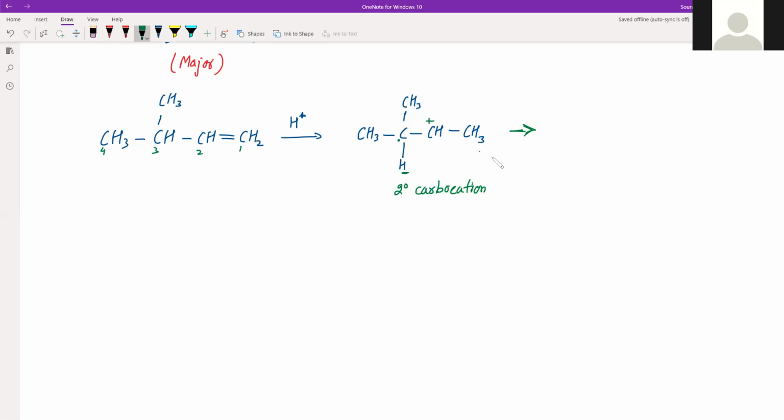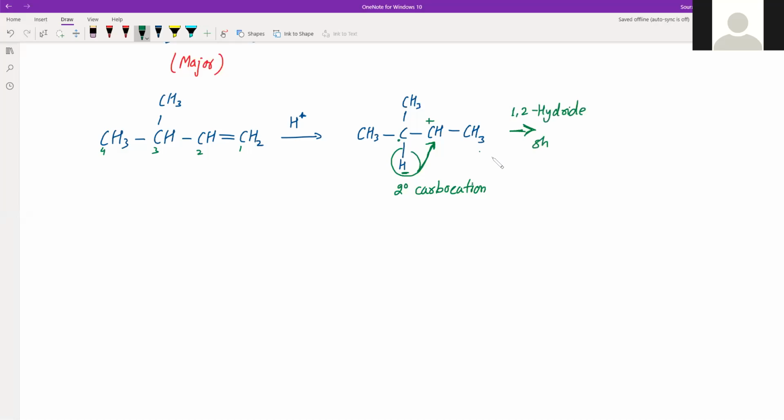So if this shift happens, this is a hydride shift. What is happening here is nothing but a 1,2 hydride shift.